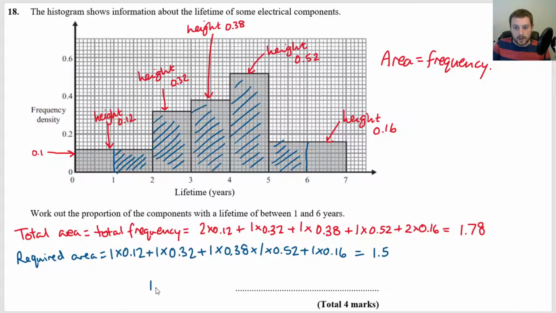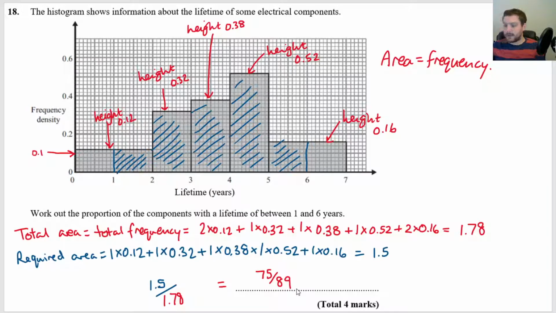And so it's 1.5 out of 1.78, which equals, well, whatever that equals. So 1.5 over 1.78. So 75 over 89.